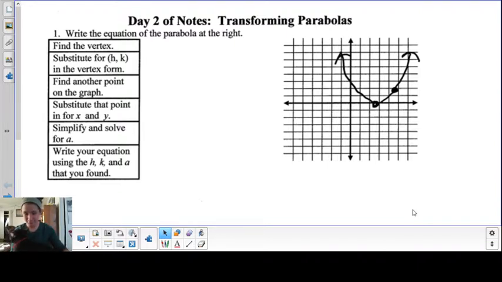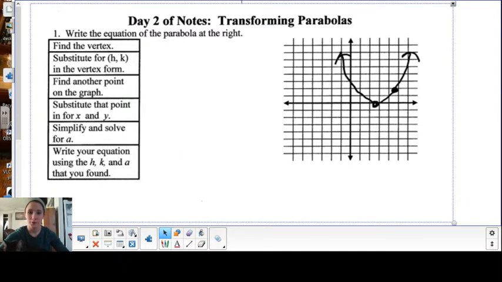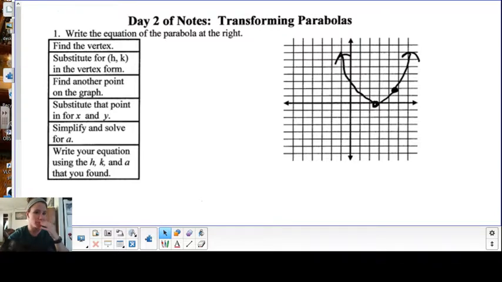So today we're gonna talk about transforming parabolas. Okay. So when we transform a parabola, first thing first is we have to find the vertex. So we're going to go ahead and use this parabola off to the side.